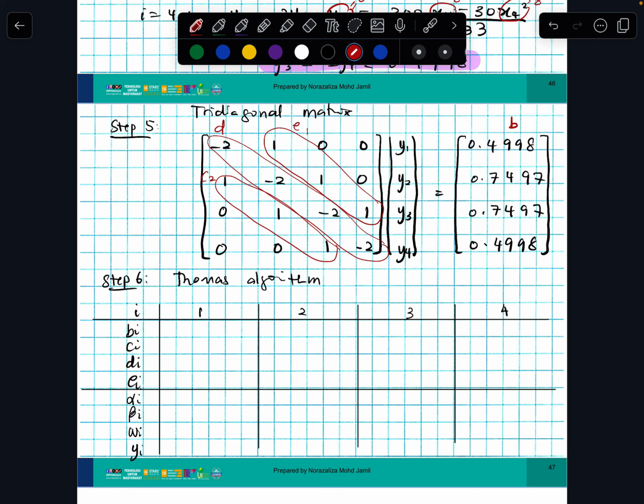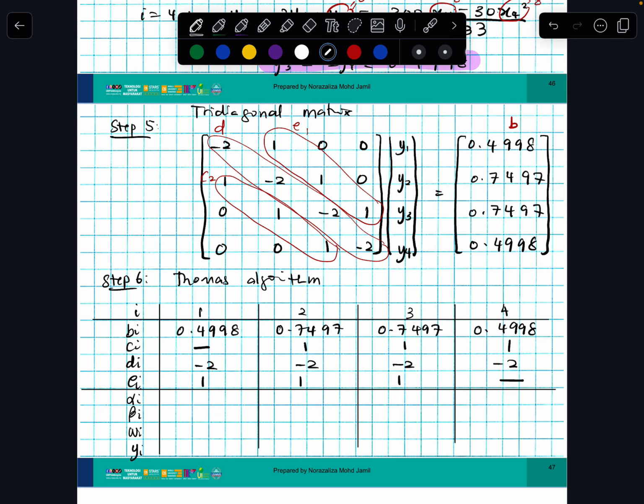Okay, so we want to copy the values here. C has no value, 1, 1, 1. And for D, all are -2. And for E, 1, 1, 1, no value.